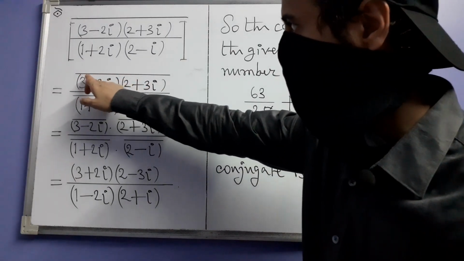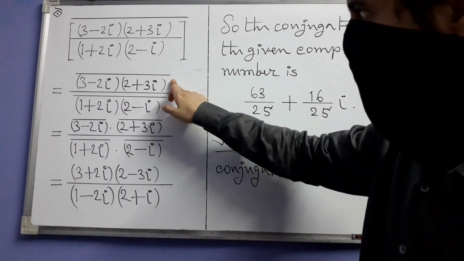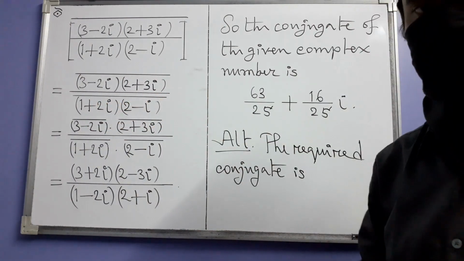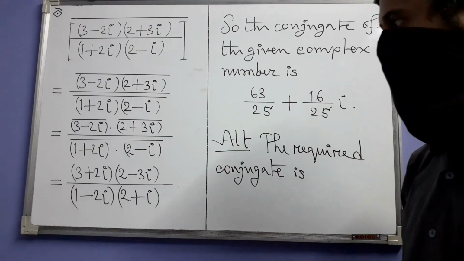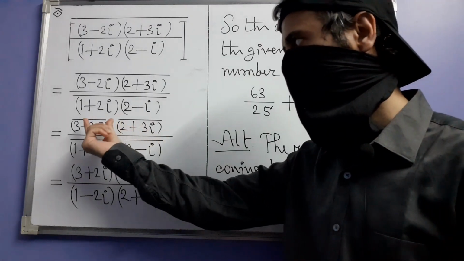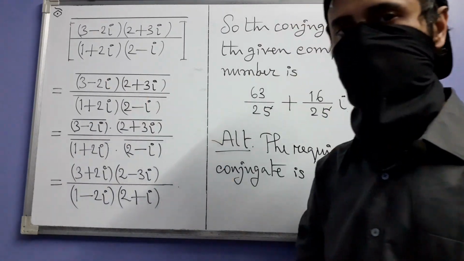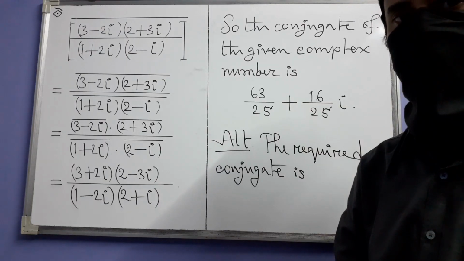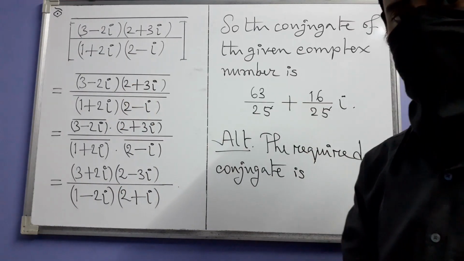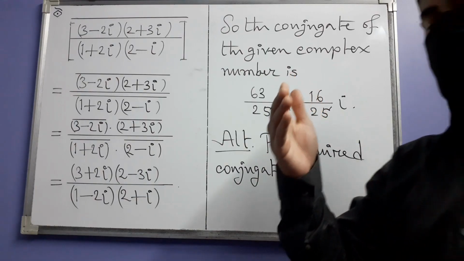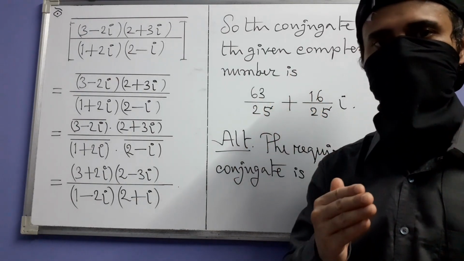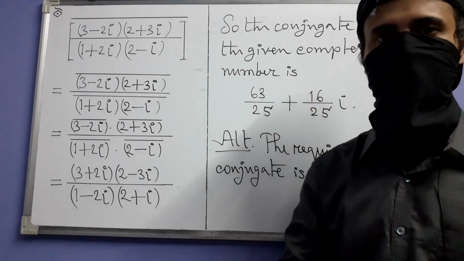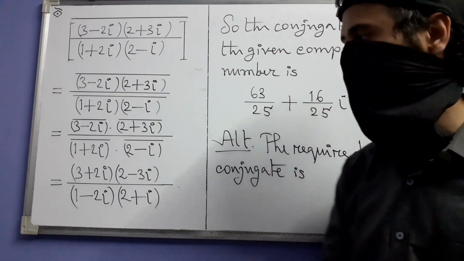So that way we have bar over the numerator and bar over the denominator. And then we can further distribute the bar over this product and this product, because the complex conjugate of z1 z2 is equal to z1 bar z2 bar, that other property.